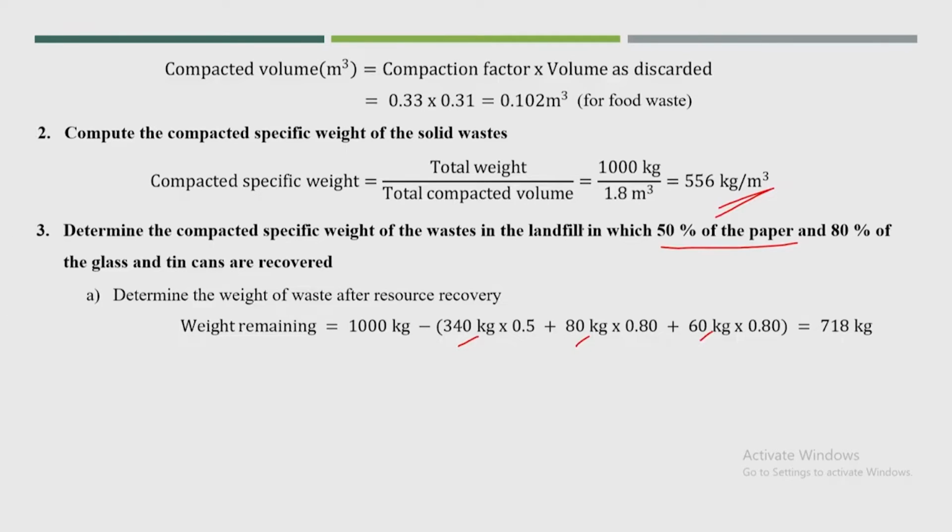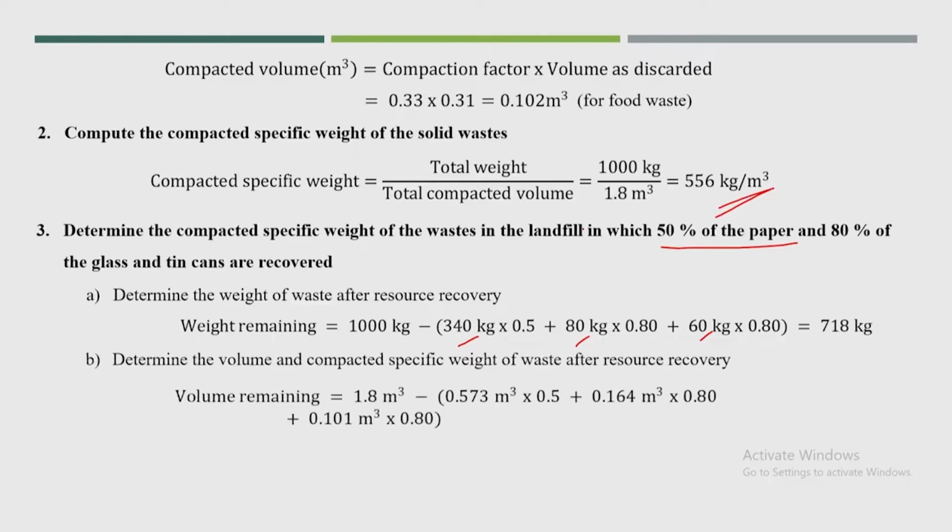Likewise, we multiplied each value, and the remaining weight is 780. Earlier the weight was 1000, and after 50% of paper and 80% of glass and tin are recovered, 718 kg will remain. Now we calculate the volume remaining.